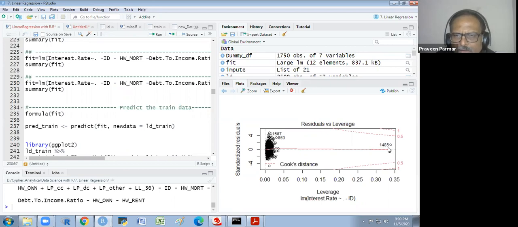So we have to decide whether to remove 1587 and the others, and then retrain the model. Got it? This sort of thing is called tuning.